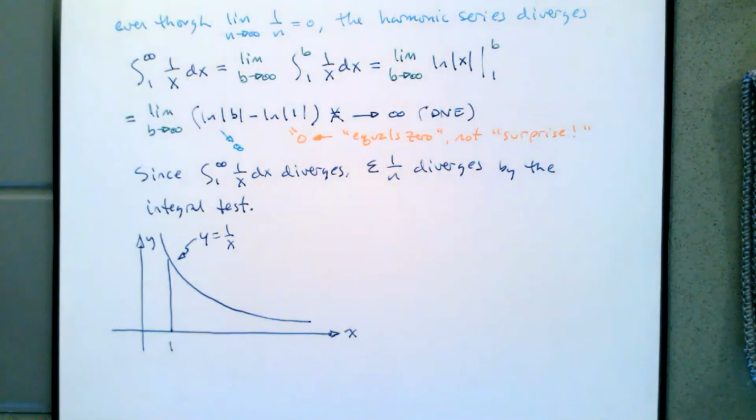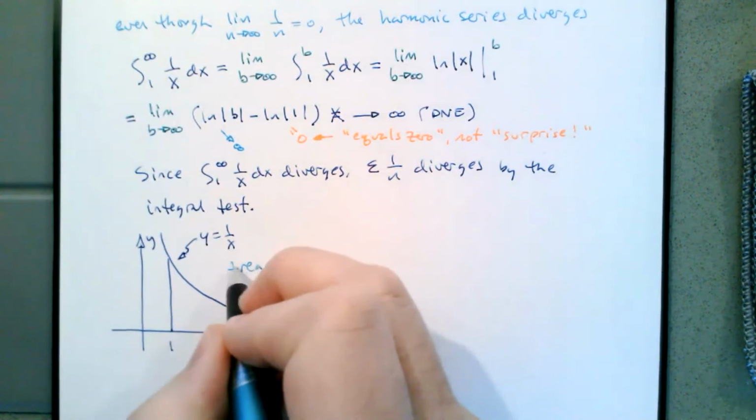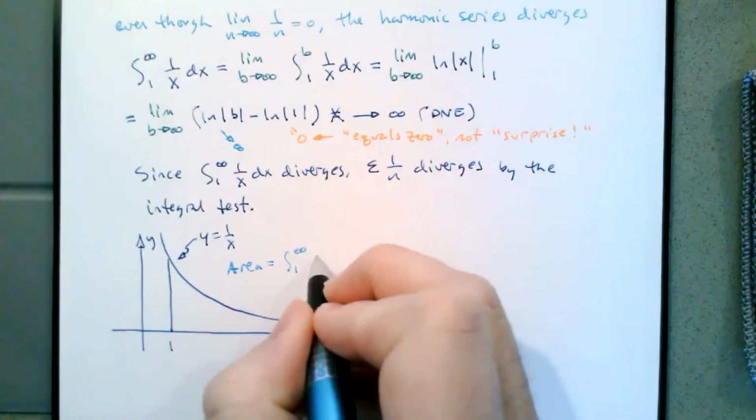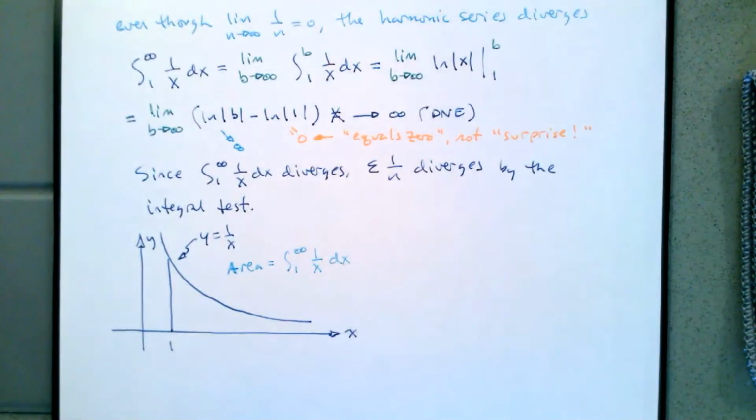We know that the definite integral tells us the area under a curve. So we know that the area is the integral from 1 to infinity of 1 over x dx. We're going to imagine approximating the area with a delta x of 1.